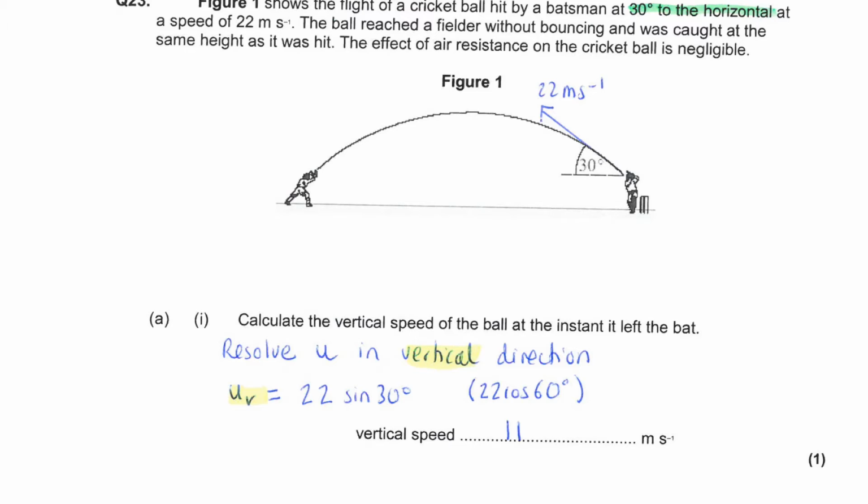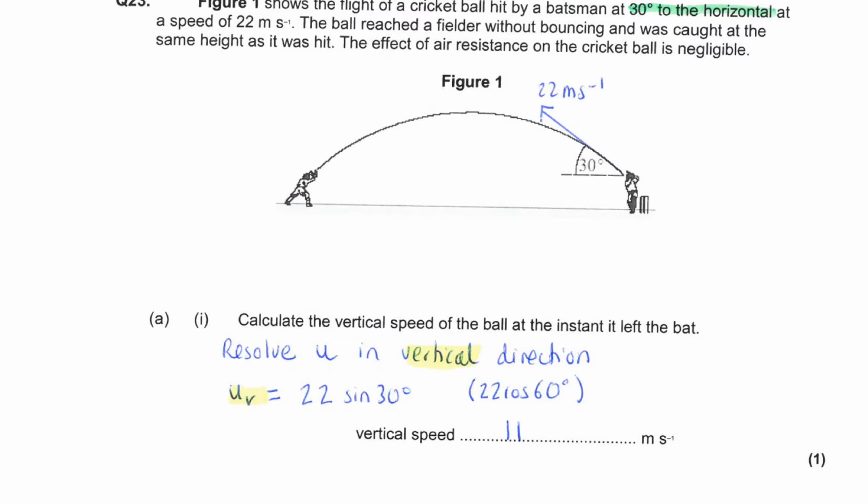First of all, you are asked to calculate the vertical speed of the ball at the instant it left the bat. That means you need to resolve this velocity vector into the vertical direction to find the vertical component here. You could, if necessary, sketch a triangle at this point to help you with your trig function.